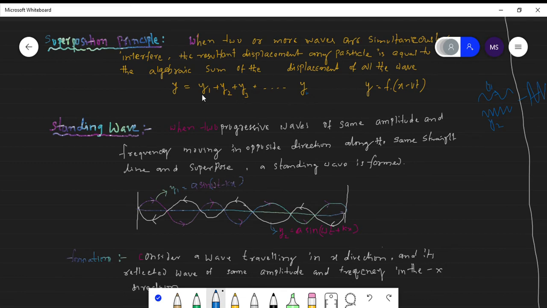Therefore, from the displacements of all the waves we can get y. Here this y is the resultant displacement of the combination of all the waves.